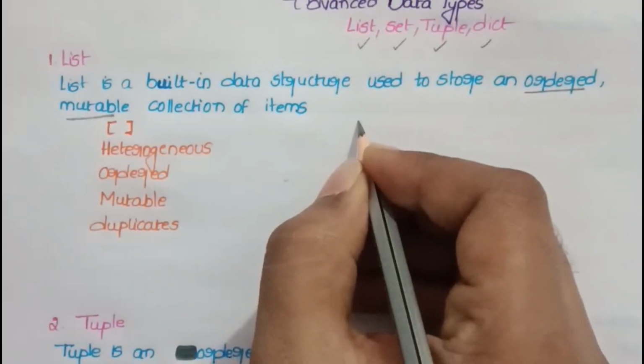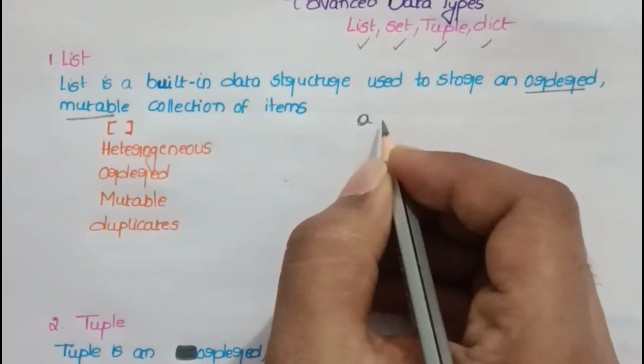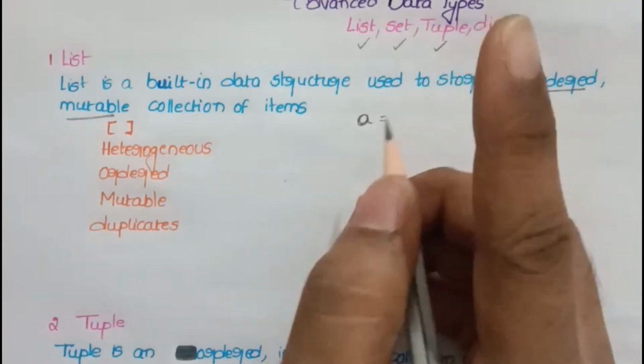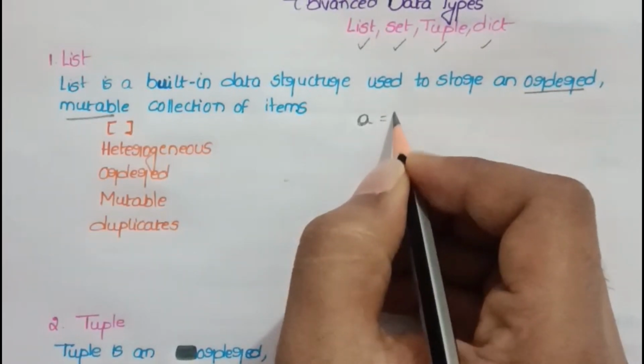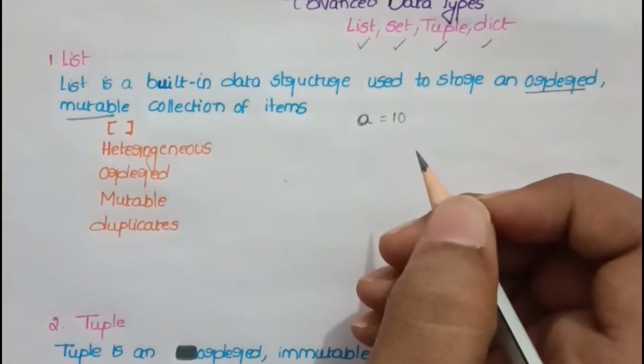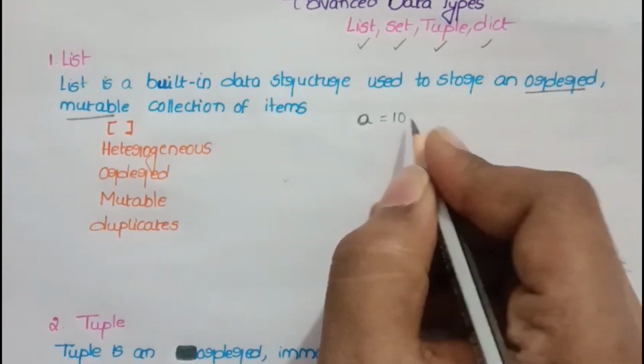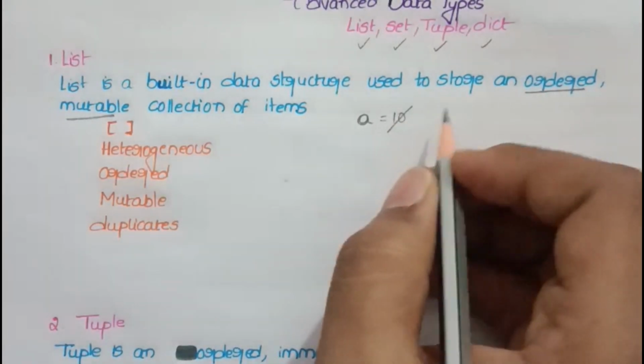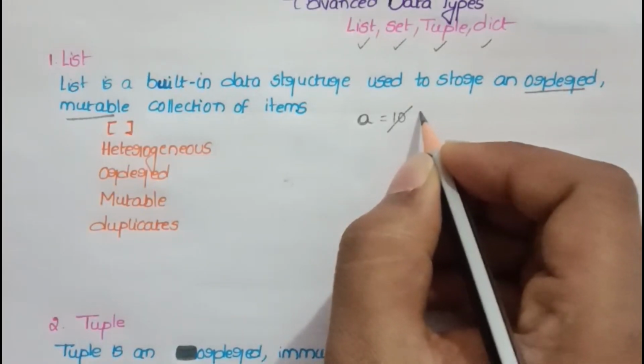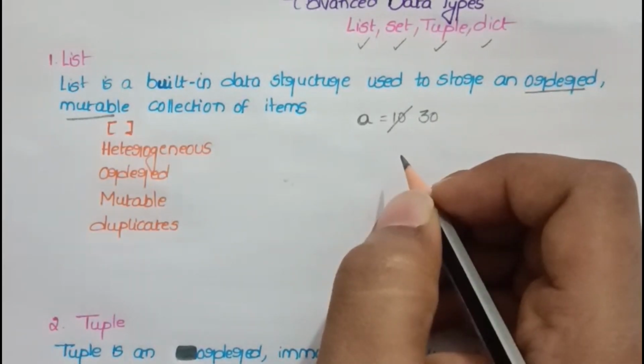For example, if we declare a variable a, it can store only one value. Let's say we are storing 10 in it. If we want to store a new value, this 10 will get overridden and a new value, let's suppose 30, will get stored.